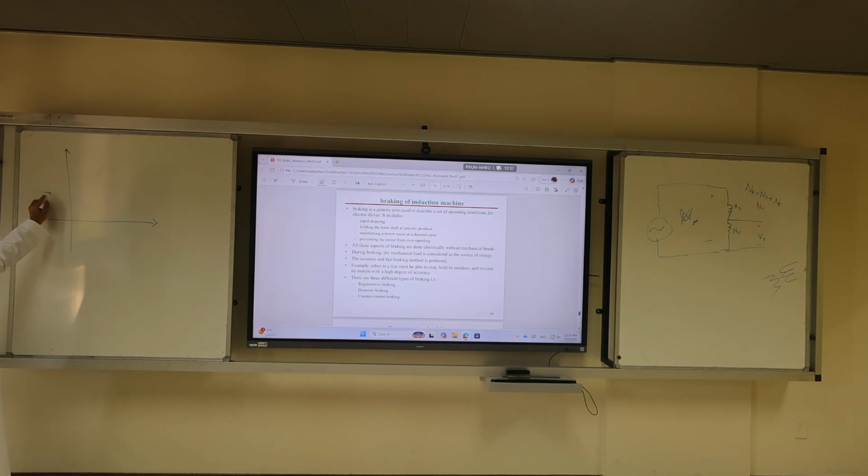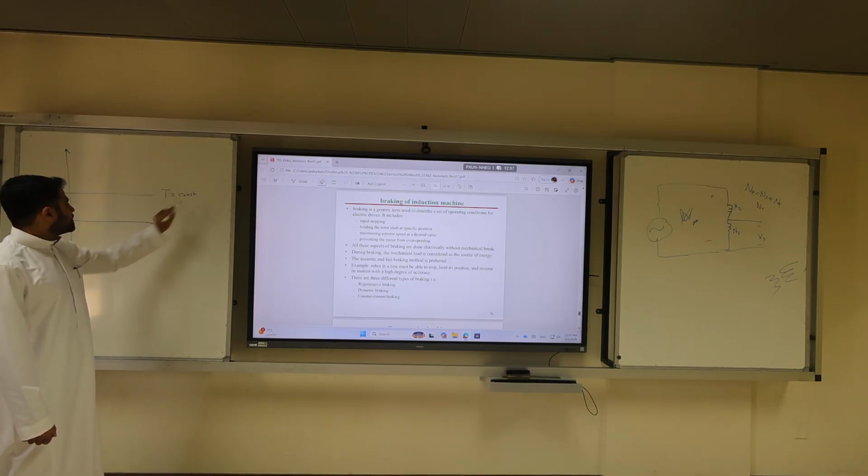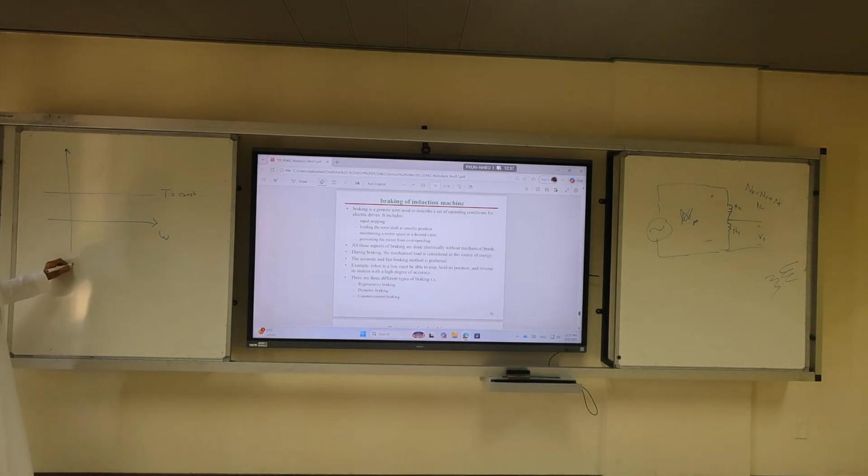A constant torque: at a small speed, you need to apply 150 Newton. Even at very high speed, if your elevator is fast, it still has to maintain the 150. Because if you apply higher torque, your elevator will be snapped. It has to be fixed.